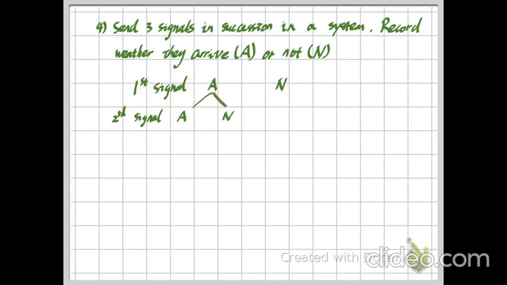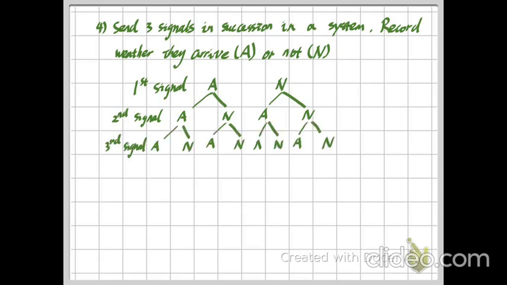So after the first signal arrives, we still have 2 possible outcomes. And it is the same for the case when the first signal does not arrive. We also have arrive or not arrive for the second signal. The situation is similar for the third one. No matter what happened for the first 2 signals, the third signal can still arrive or not.